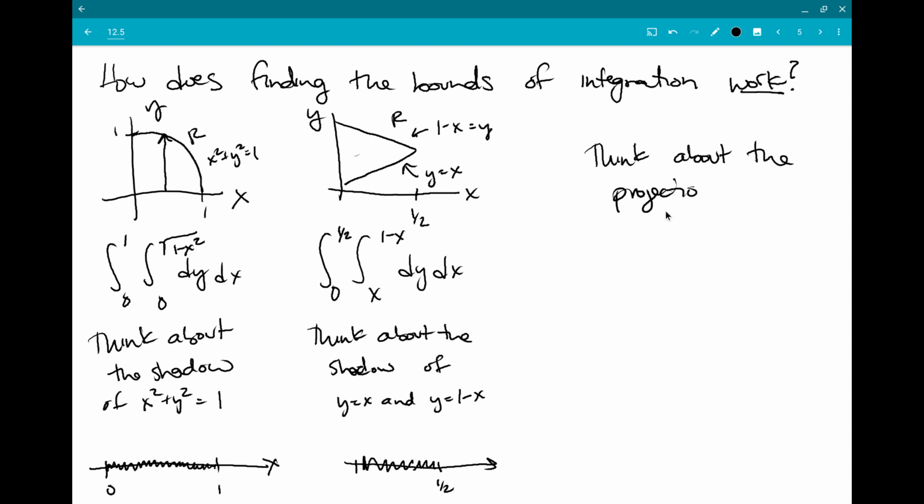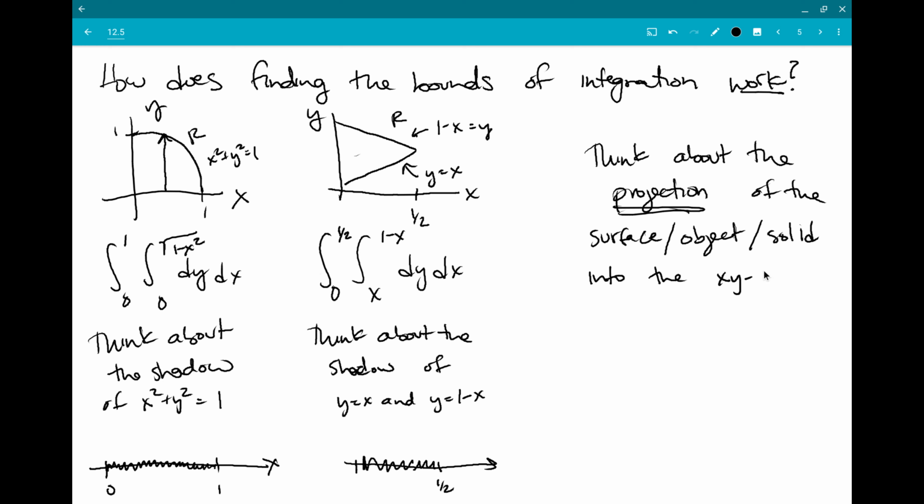So what we're going to do is think about the projection of the surface, slash object, slash solid, whatever you want to call it, into the xy plane after integrating z.